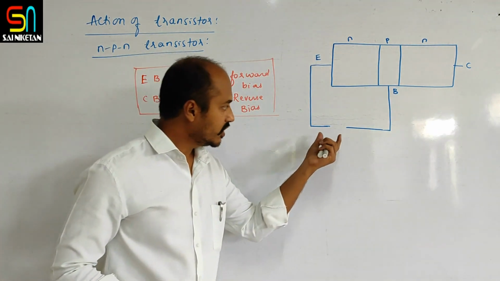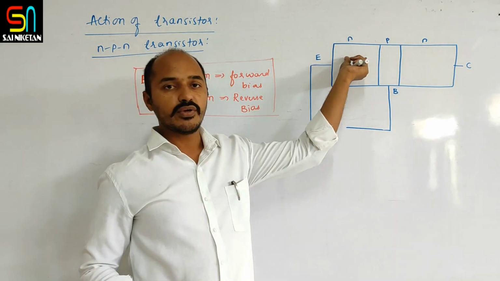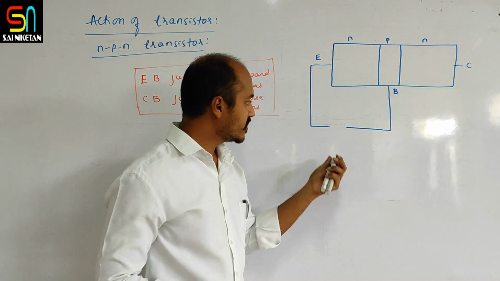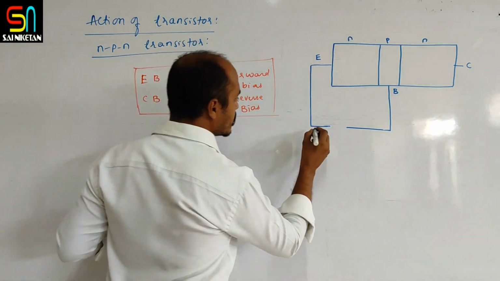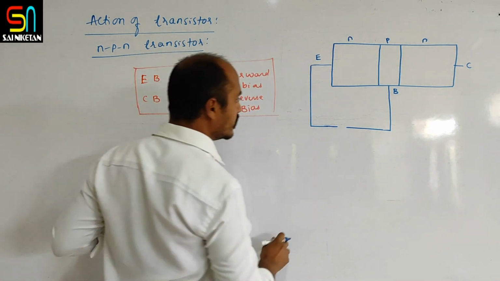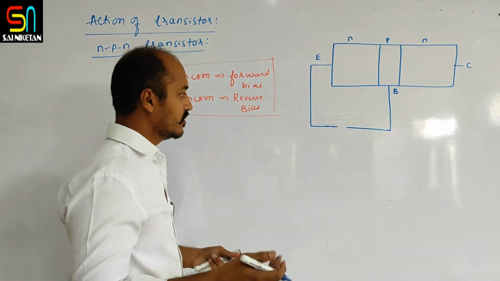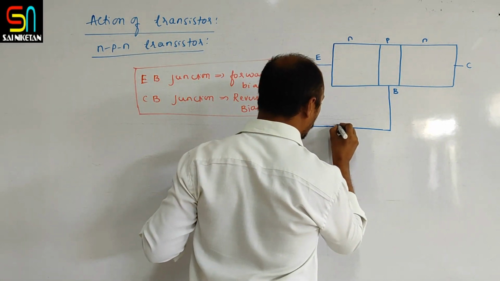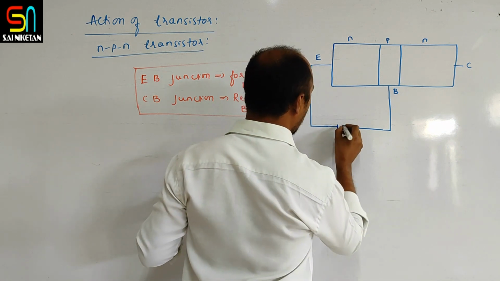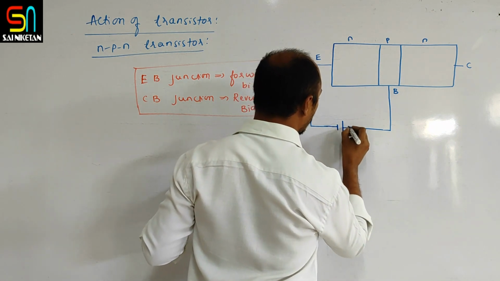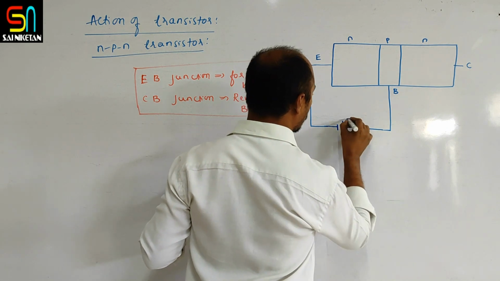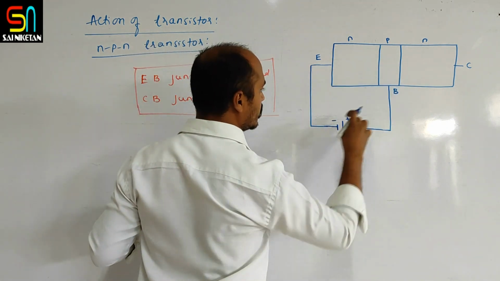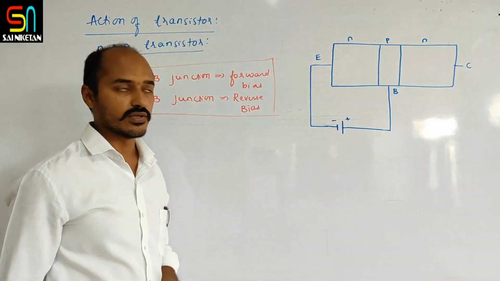Here N type semiconductor is there. For the forward bias, what terminal should be connected here? Can you tell me? The N type semiconductor must be connected to the negative terminal of the battery, and P type must be connected to the positive terminal of the battery. So this is positive and this is negative. Now this section is in the forward bias condition.